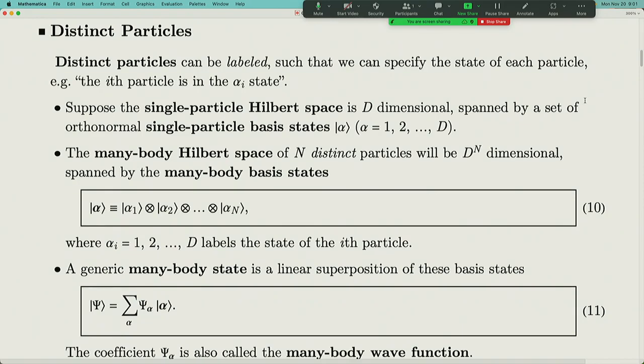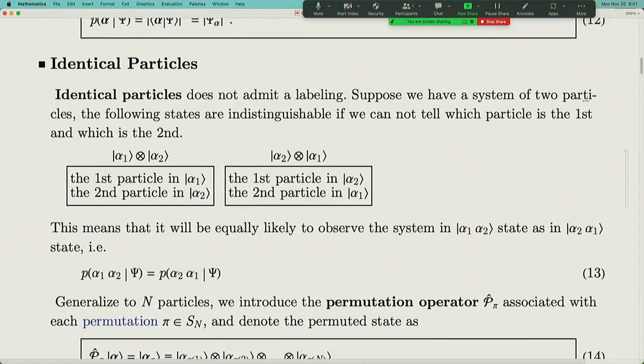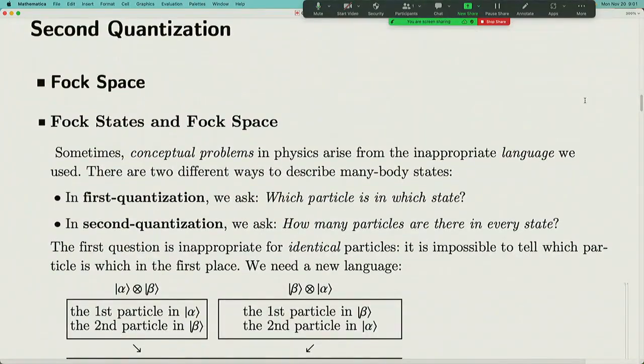So every time we use a sequence to denote the state of a many-body system, but in systems where the particles are identical, this is no longer a good language. So last time we mentioned this idea that in first quantization we need to specify the state of each particle, but in second quantization we only want to specify how many particles are there in every state, because there's no way to distinguish the first particle from the second particle, so it doesn't make sense to ask, for example, what is the state of the first particle.